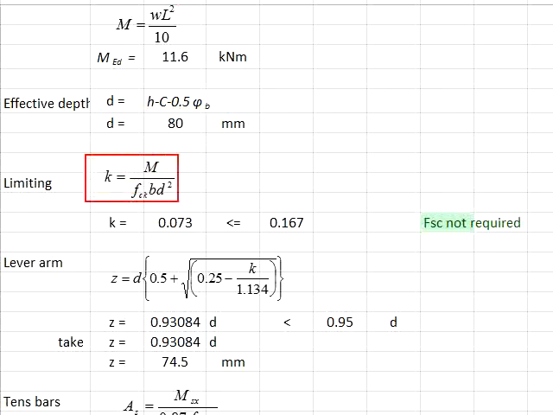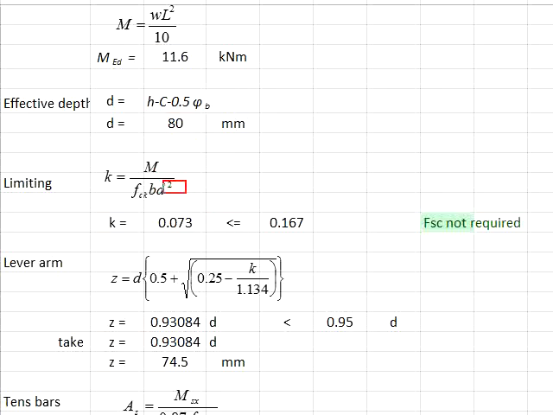Then you use this formula to find the K. The moment you know is 11.6 kN meter. Substitute into the formula here. FCK is given 25. The B will consider 1 meter effective width. And now the D here will be equal to 80 mm.